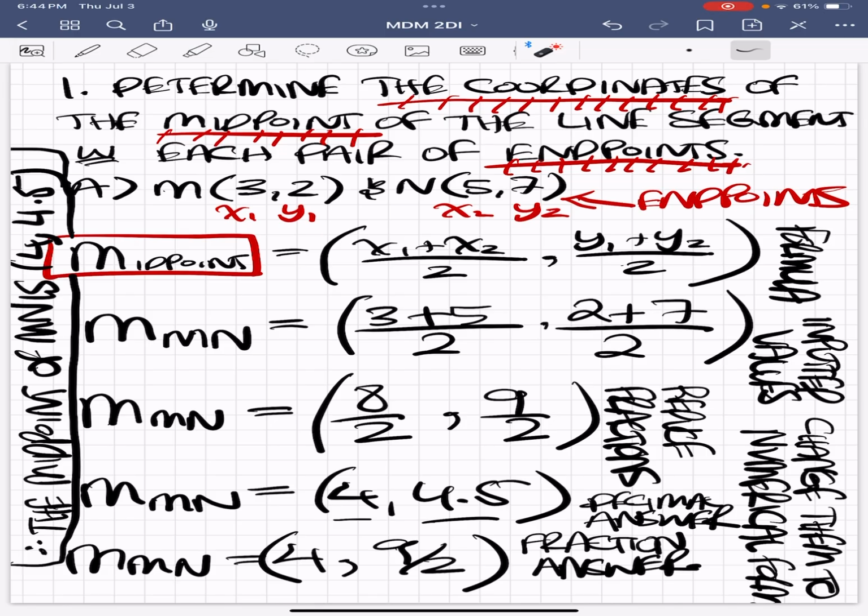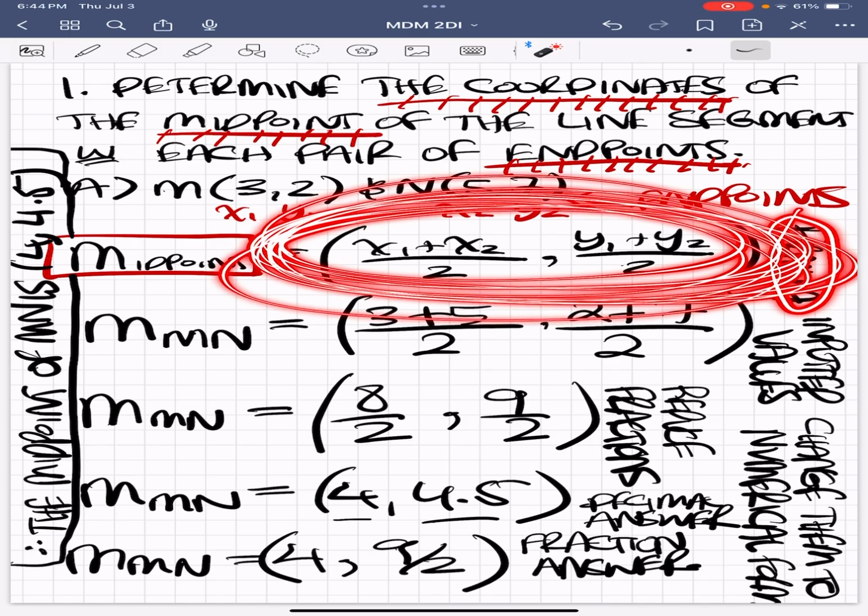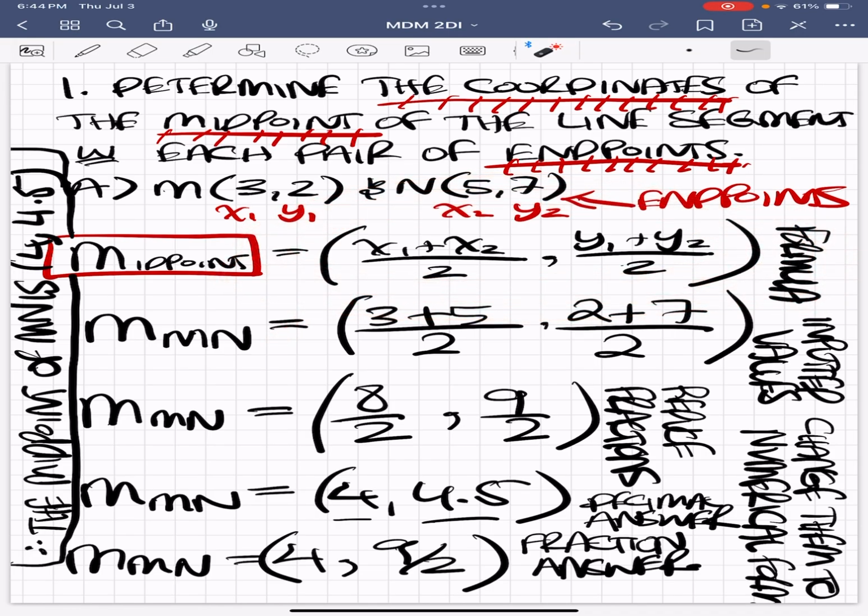Alright, so we had the formula for a midpoint of a line segment. This is the formula, and I will circle it too many times just so it gets ingrained into your brain. We're going to be writing out the formula for each question that we do, just so that it's in our noggins, and so we don't forget. So the midpoint of the line segment with each pair of points, and these two are the endpoints, we went over that.